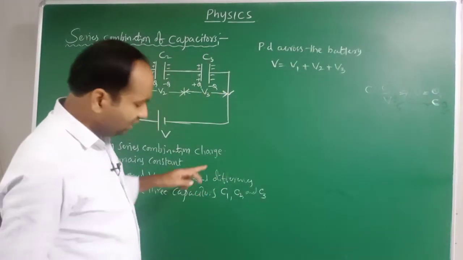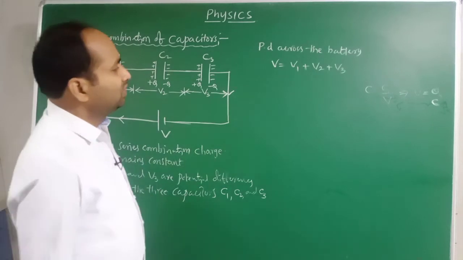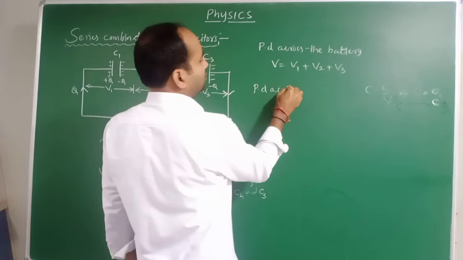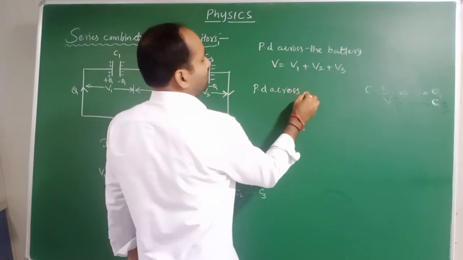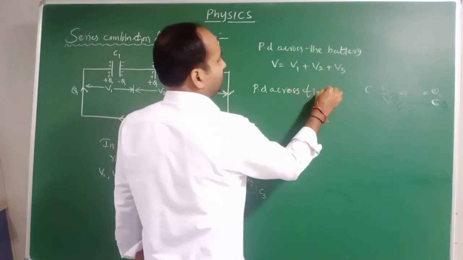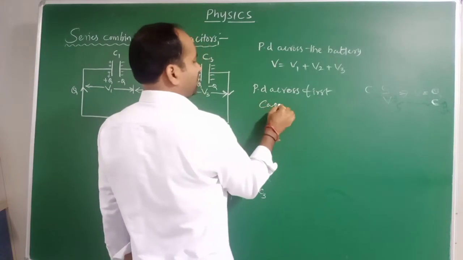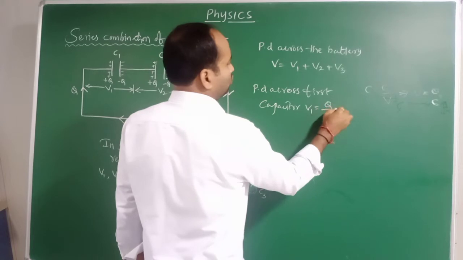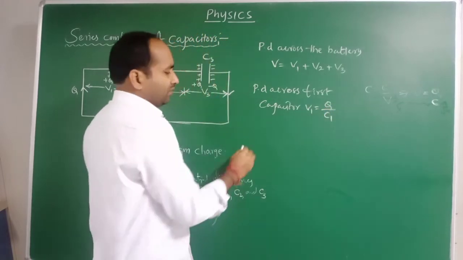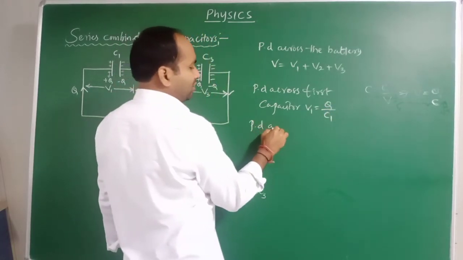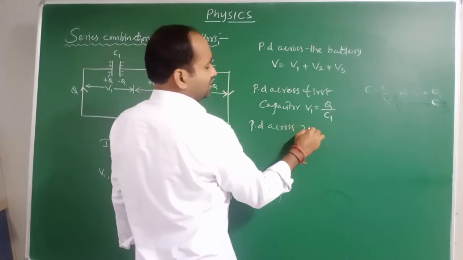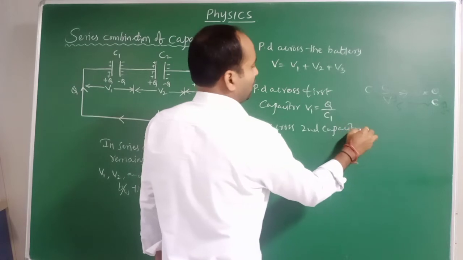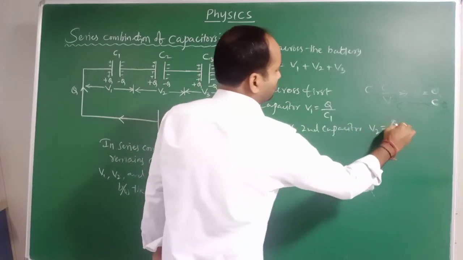Okay. V is equal to Q by C. Now, the potential difference across the first capacitor, V1, is equal to Q by C1. The potential difference across the second capacitor, V2, is equal to Q by C2.